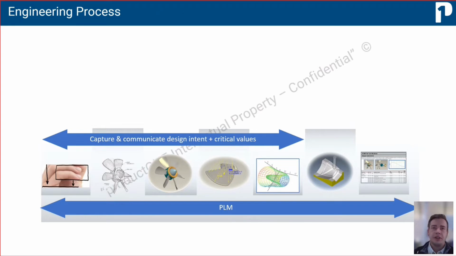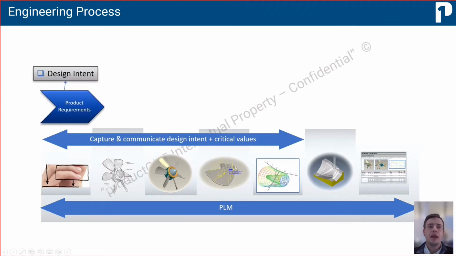So typically, if an engineering company were to start a new project, the steps would be to compile a scope of work detailing the design or product or project intent.